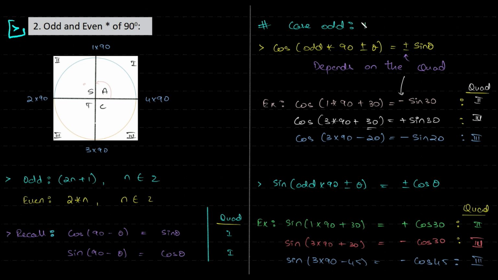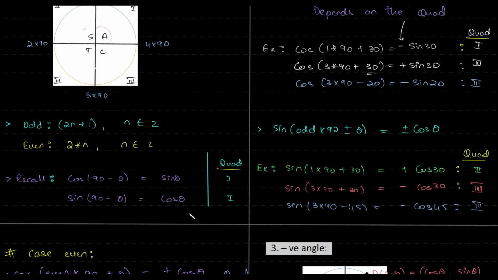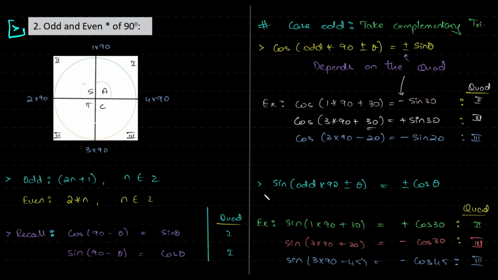So the conclusion is take the complementary trigonometric ratio. I gave a lot of examples, I don't want to discuss that. And depending on the quadrant, we have to go step by step. Depending on the quadrant, we define it to be either positive or negative.